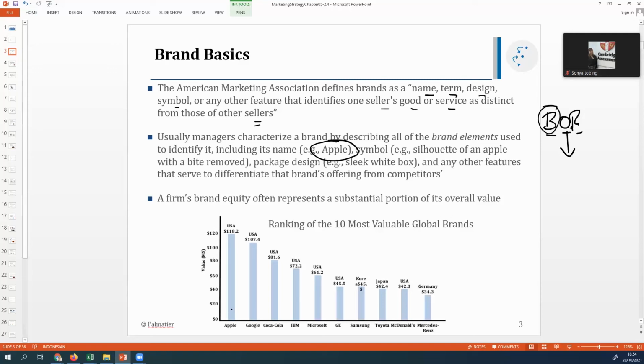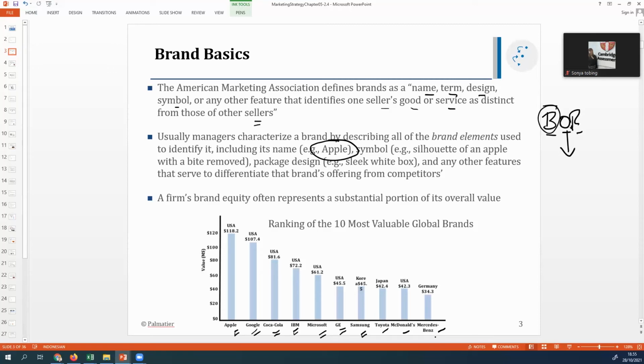Apple is the highest now. From the top 10 most valuable global brands, Apple is number one, followed by Google, Coca-Cola, IBM, Microsoft, General Electric, Samsung, Toyota, McDonald's, Mercedes-Benz.